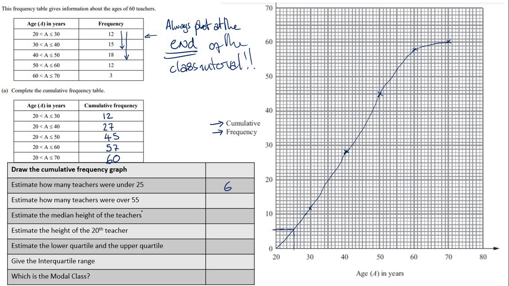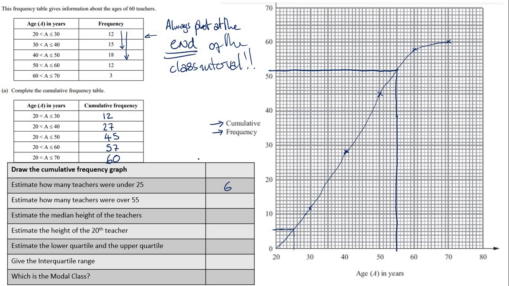All right, estimate how many teachers were over 55. Now, over 55 years old. Now, 55 years old would be up to there. Okay, obviously I'd need to use a ruler and draw all the way down, but I don't have a ruler option on this. And what you'll find is that there are 52 teachers that are below 55.